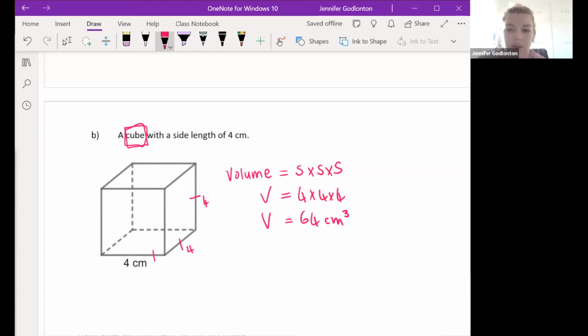That's what I did, but I just said 4 times s, and then I said volume equals 4 times x plus times s, and then I was stuck. Okay, so the thing is, as soon as you see in your question that it says that it's a cube, just remember they're the same. All of those sides are the same. Okay.